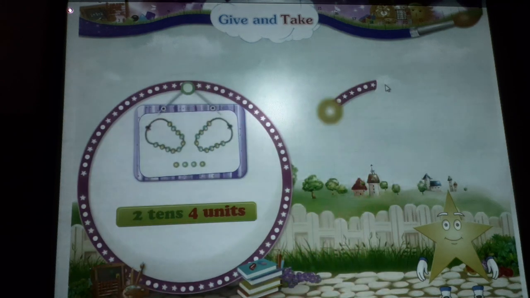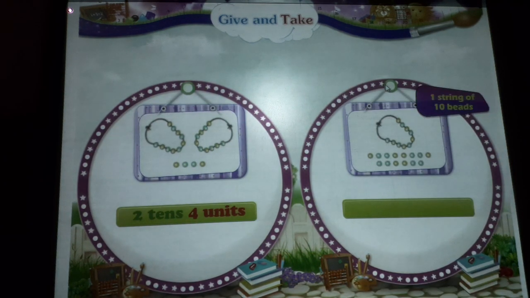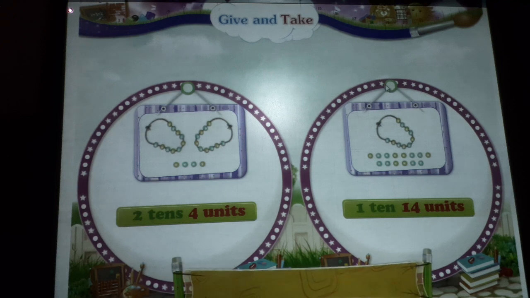Look at the next picture. 1 ten, 14 units. In both the cases, the number of beads is the same. So 2 tens, 4 units is equal to 1 ten, 14 units.